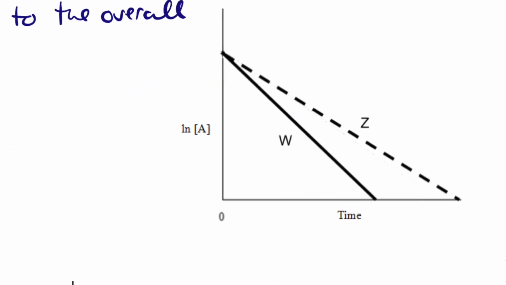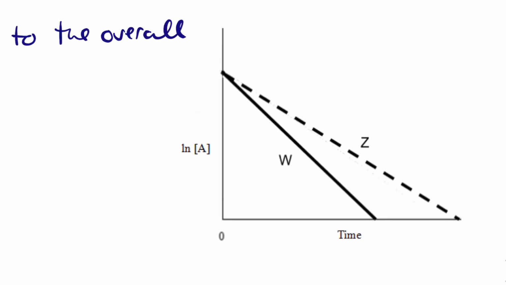If I see a graph like this where I have two different graphs, it must be first order because the natural log plot gave you a straight line. But between W and Z, W must be a faster reaction because they both started here, but W finished faster or in less time. So W must have a higher rate constant.